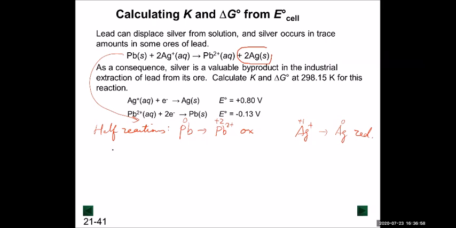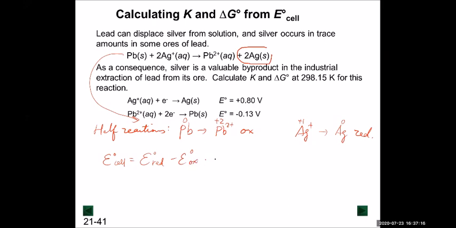The cell potential for this reaction we can calculate as the reduction half, which is silver, minus the oxidation half.